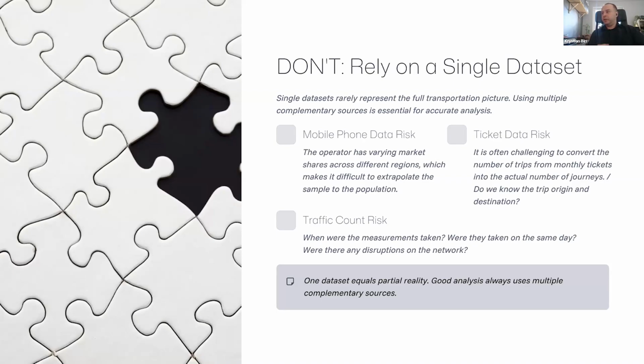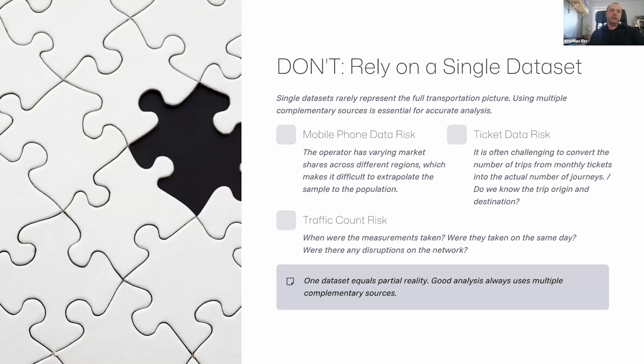For example, as I mentioned, mobile phone data could be a problem for us, because the operator has varying market shares across different regions, which makes it difficult to extrapolate the sample to the population.